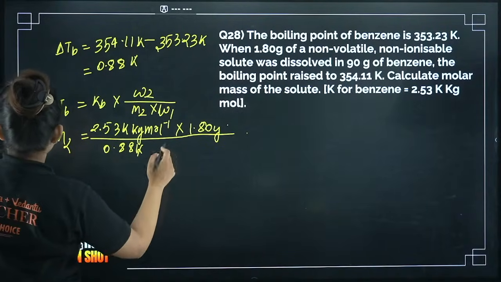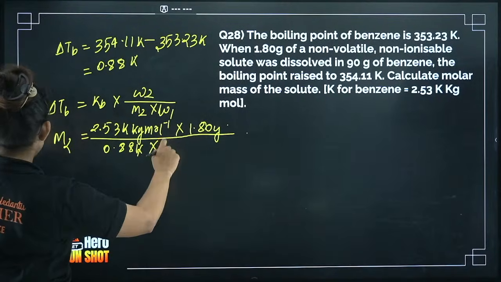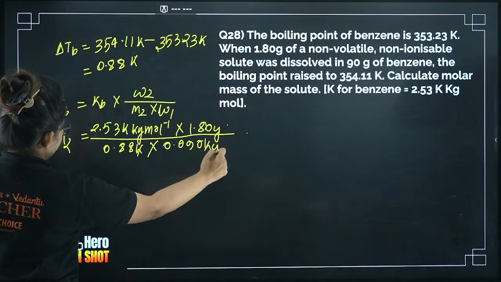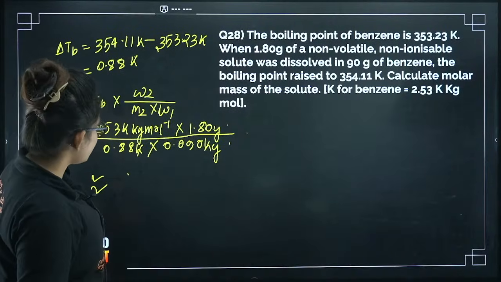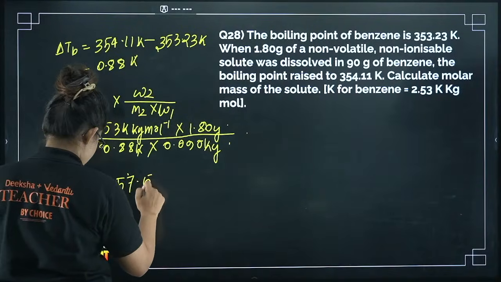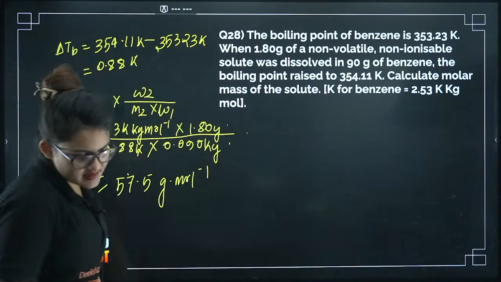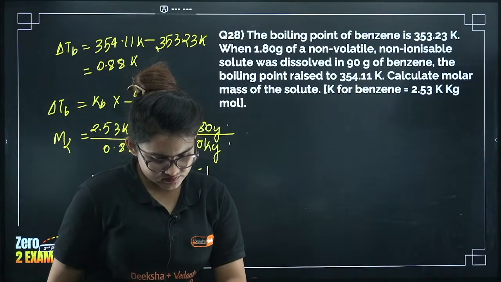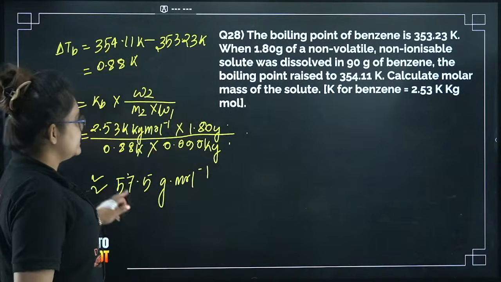Delta TB will come below, into 90 gram of benzene. Directly I am taking it in kg, so 0.090 kg, right? So if you calculate this entire thing, it will come as something like 57.5 gram per mole. Okay, that is the answer. I guess it's clear to you. Let's proceed further.